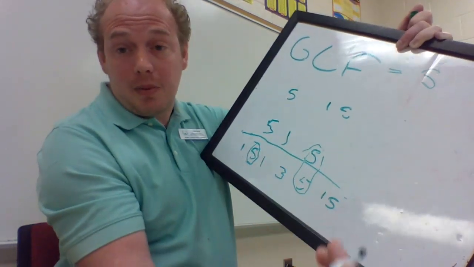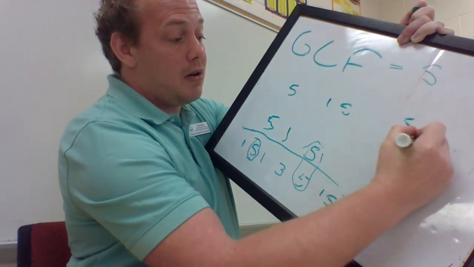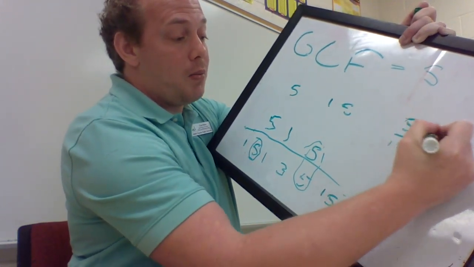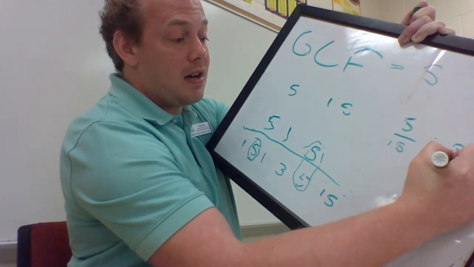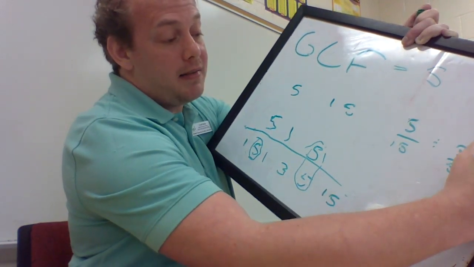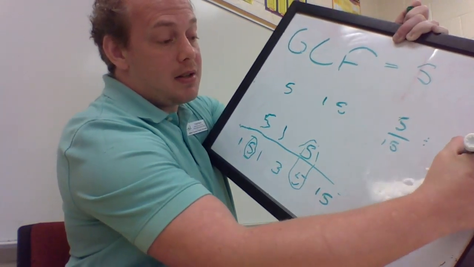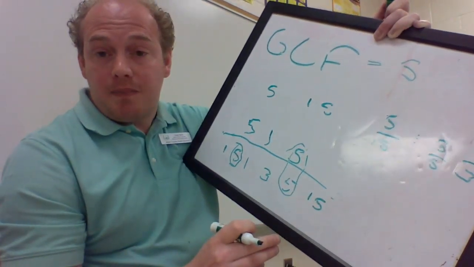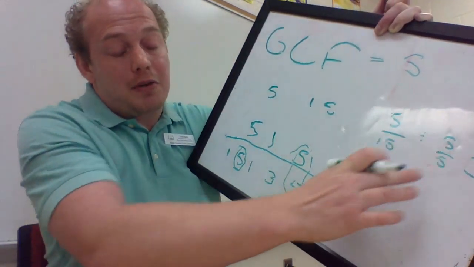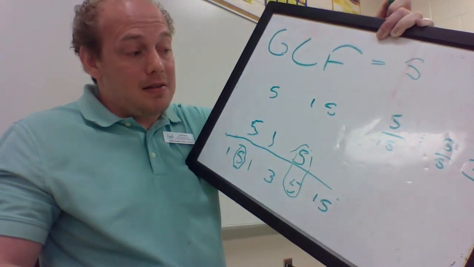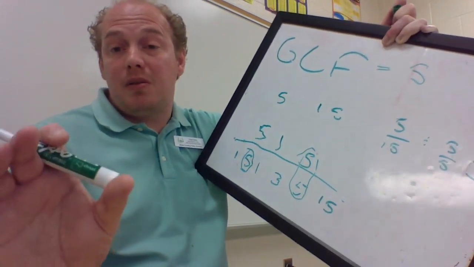Now, the way that that's going to be useful, if we have a fraction 5 over 15, and we know our greatest common factor is 5, 5 divided by 5 is 1, and 15 divided by 5 is 3. So, 5 over 15, written in its simplest form as a fraction, is 1 over 3. So we just simplified our fraction. So that's one way that you use the greatest common factor.